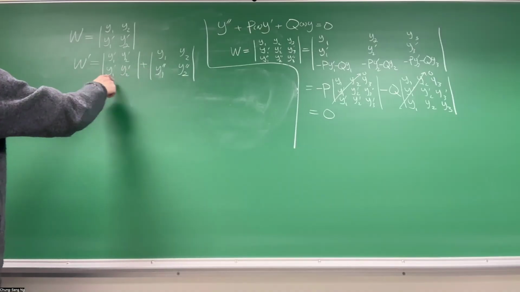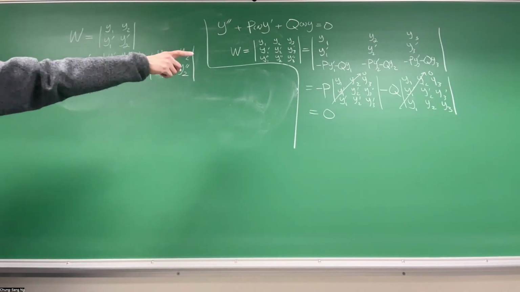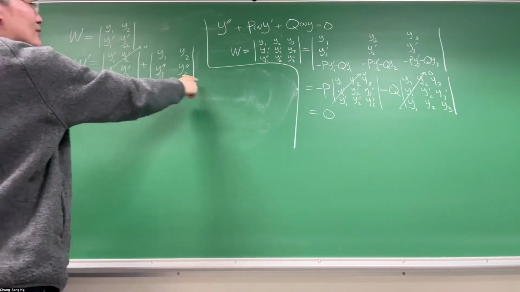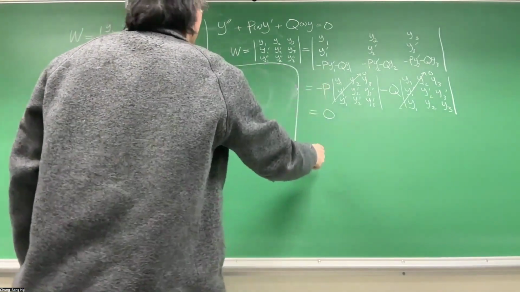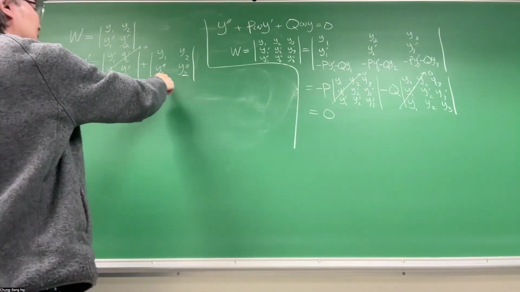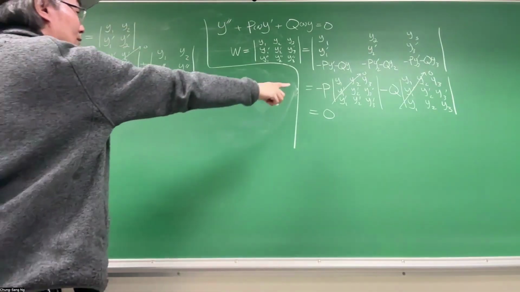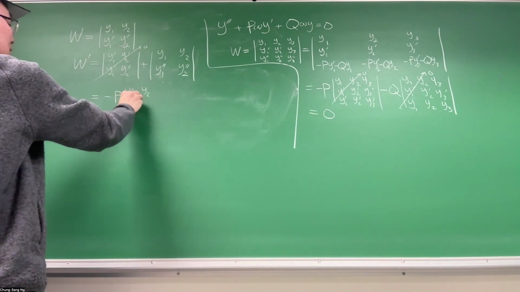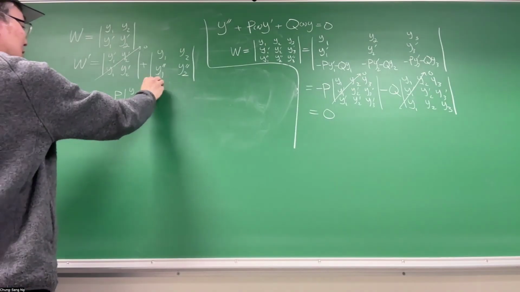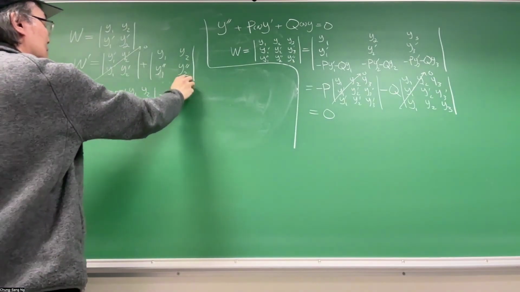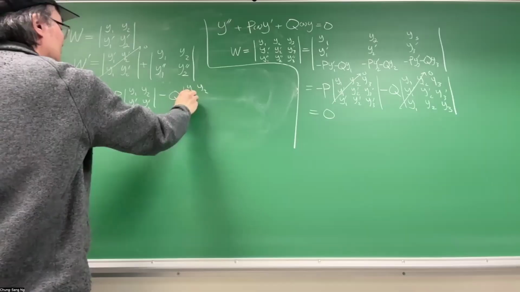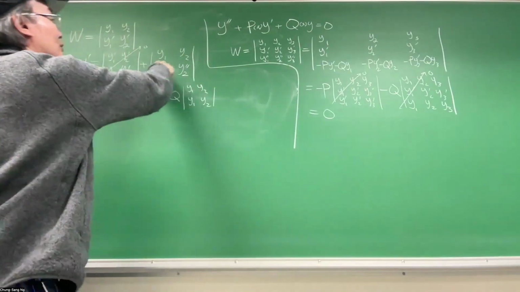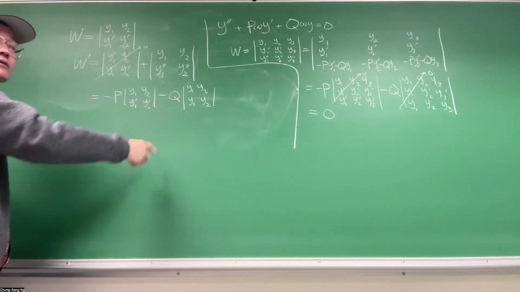All right. Now this one is 0, just like what we did over there, right? 0. And this one is similar to that discussion, right? So we can write it just like what we did here, minus p y1 y2 y1 prime y2 prime, plus minus q y1 y2 y1 y2, because you just express the double prime in terms of the other two, and you get this too, right?